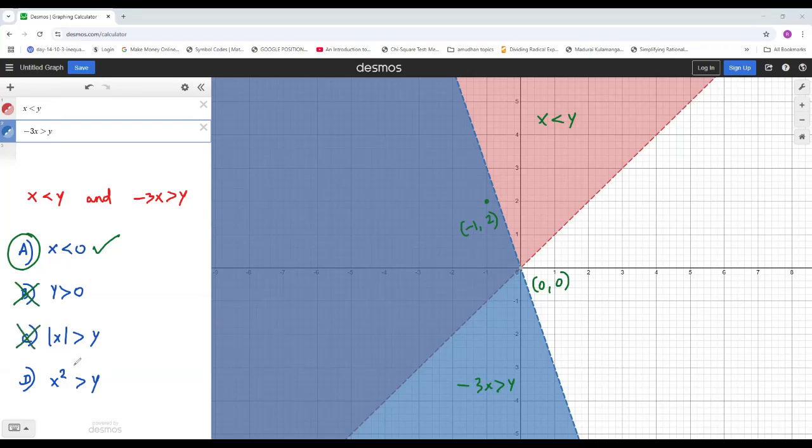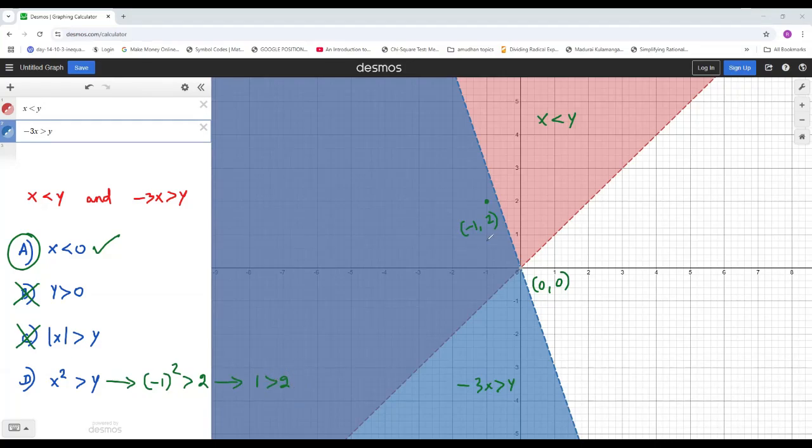Now let's check answer choice D for the same random point, negative 1, 2. We plug this point into the inequality in answer choice D: the x coordinate negative 1 for x and the y coordinate 2 for y. So negative 1 squared is just 1, greater than 2. Again, it's false, because 1 is less than 2, but here we are getting 1 greater than 2.